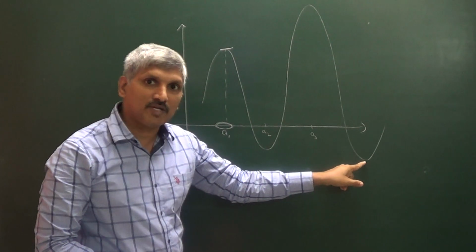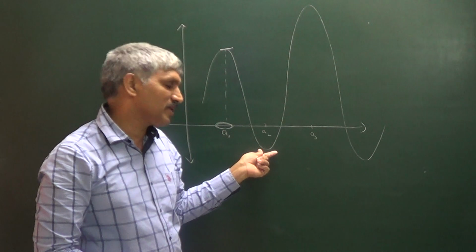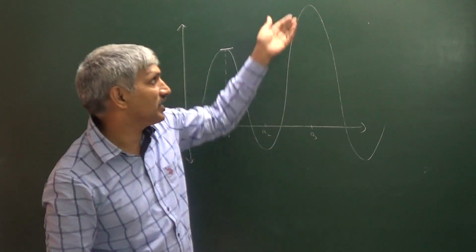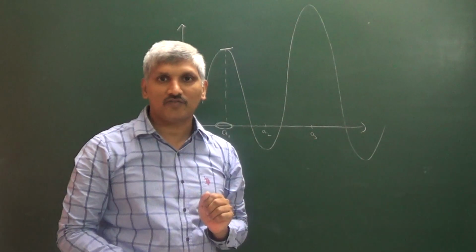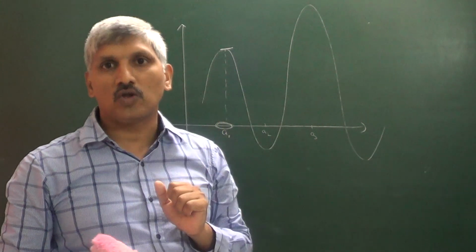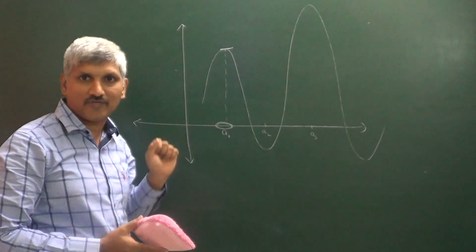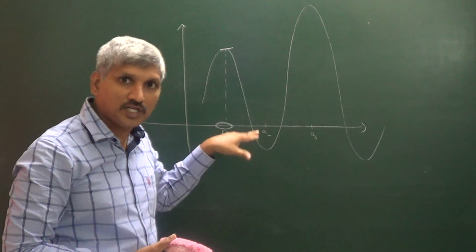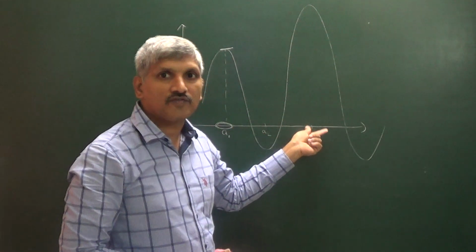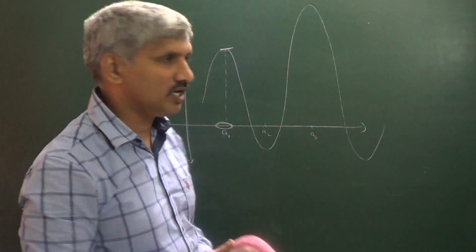The entire function has a minimum value here also, but in this local area, this is the minimum value. That is the reason we use the terminology local maxima and local minima. In the neighborhood of a1, that is the maximum value. In the neighborhood of a2, that is the minimum value. In the neighborhood of a3, that is the maximum value. That is about local maxima and local minima.